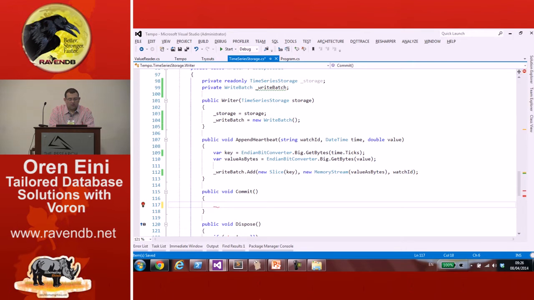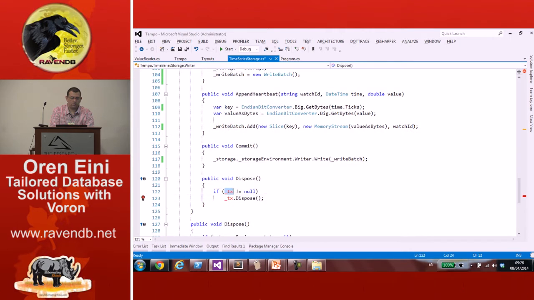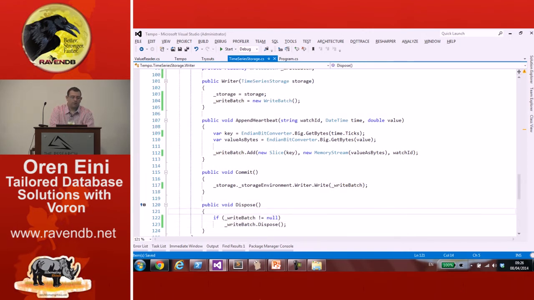And now in the commit, what we're going to do is a storage environment writer. Technically speaking, we didn't change much. And we kept the same semantics.